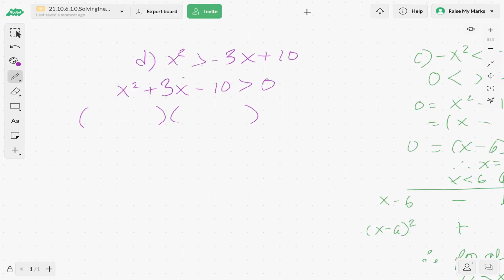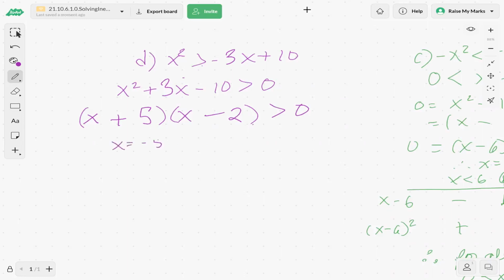Let's move everything over to one side of the inequality and let's see if I got the question right this time. So 10 factors is 5 and 2. We want our cross term to be 3x. So we're going to put positive and negative as such. So now we've factored x squared plus 3x minus 10 as x plus 5 times x minus 2, and this is greater than 0.